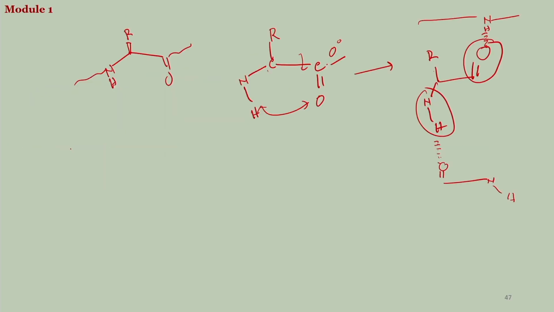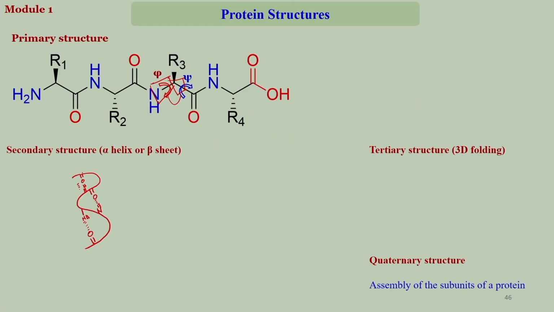So, typically if your phi and psi angle, as I think I have mentioned in the last class, is around minus 60 degrees, then you have an alpha helix formation, because it will rotate and bring it to that level where the NH and the CO can come close in proximity.